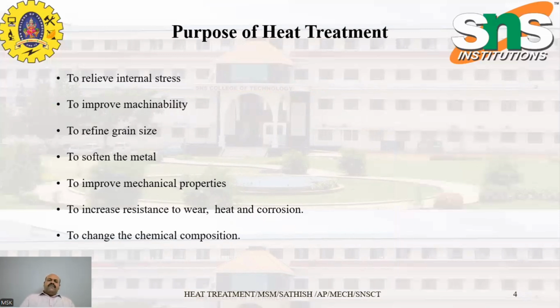Like whenever we have a hammer blow in a press machine, press tools, internal stresses are formed. Another purpose is to improve machinability. Any material manufactured with the basic manufacturing processes has machinability issues due to the manufacturing process, so whenever we heat treat any material, it will improve the machinability.